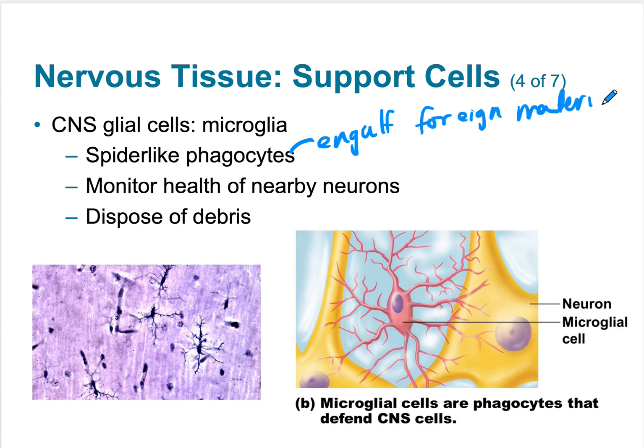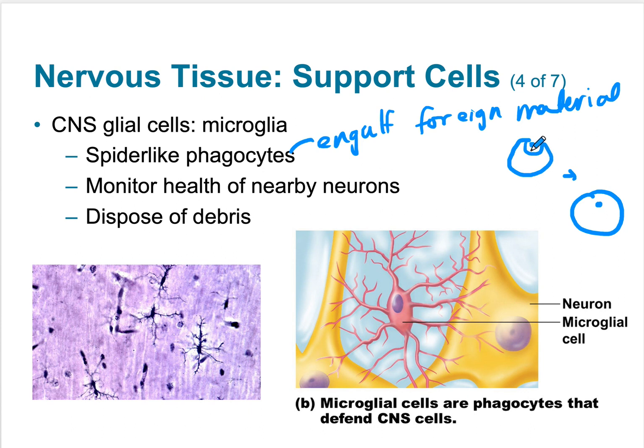Anything that shouldn't be there, a bacteria or a virus, these cells can surround with their cell membrane, and eventually engulf it and destroy it.